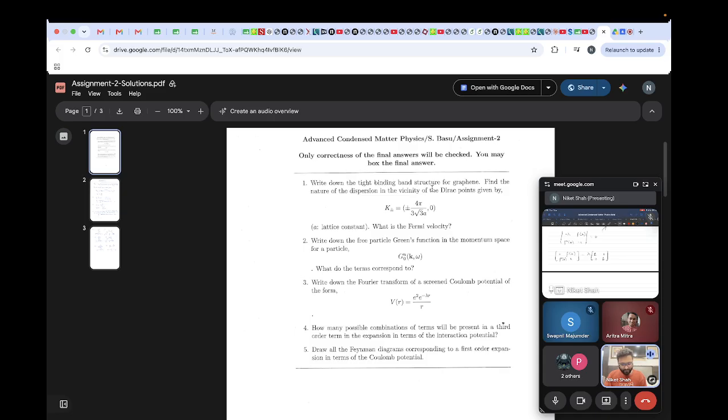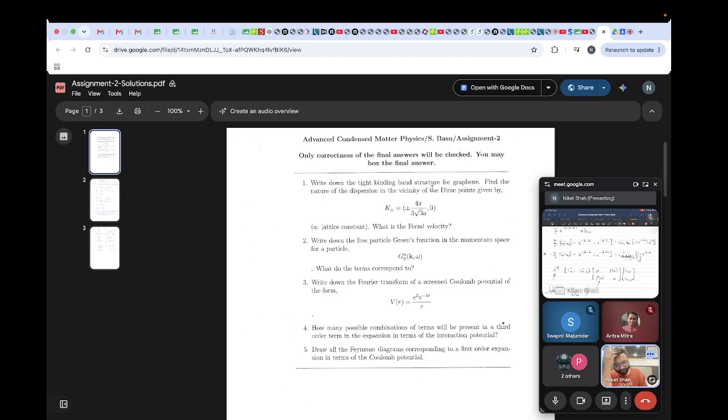So how do I get the eigenvalue? Lambda square minus f_k f star of k equals 0. Now I need to find the value of f star of k. This is it, f_k and f star of k.